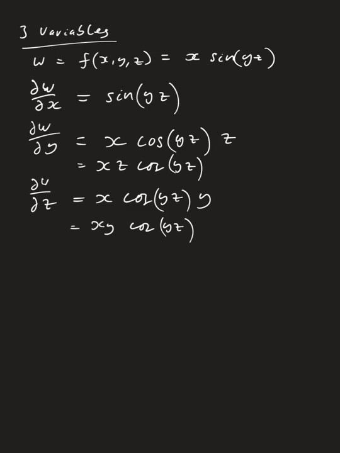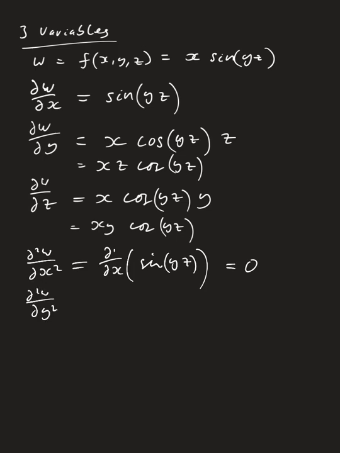Let's try some second partial derivatives. What about the second derivative with respect to x? Well, that would mean taking the partial derivative with respect to x of sine of y times z. Now there are no x's in that, and y and z are treated as constants for this derivative, so that's 0.